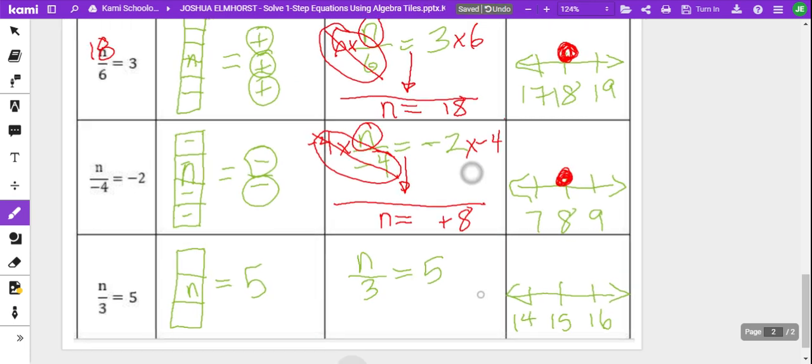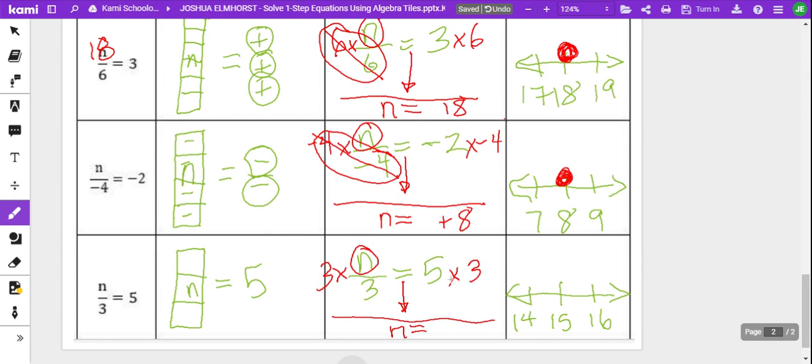And same thing for the last part. Going to keep the variable, bring down the sign. Going to cancel the operation with the variable by doing the opposite. Dividing by 3, we're going to multiply by 3.